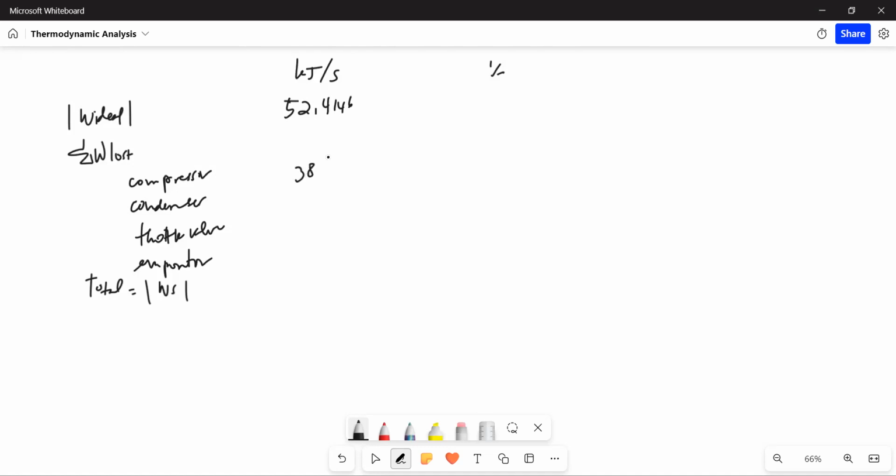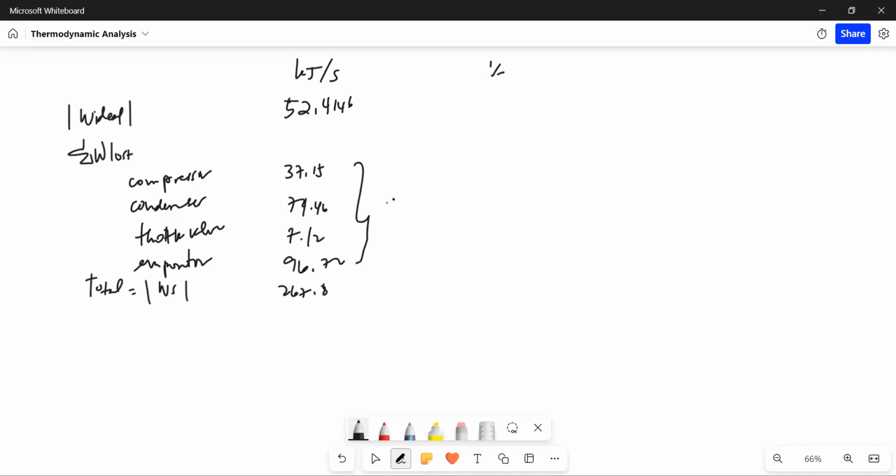This is 37.15, and this is 74.46, 7.12, 96.72, and the total is 267.8, and the total work loss is 215.45.